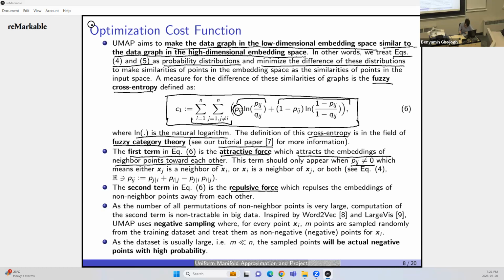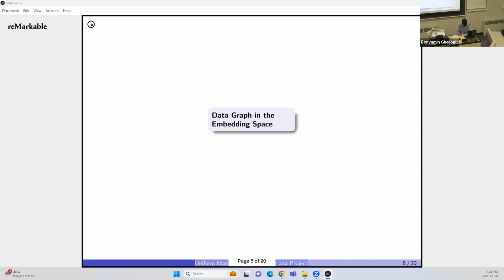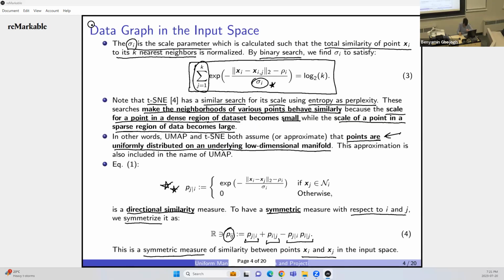So when Pij is not 0, we have the first term, which means that either xj is a neighbor of xi or xi is a neighbor of xj. Do you remember why? Let's go back to what we had. Because of this: if it's not in the k-nearest neighbors, it becomes 0, right?